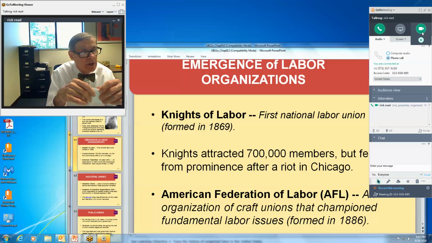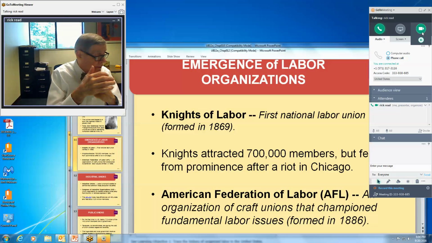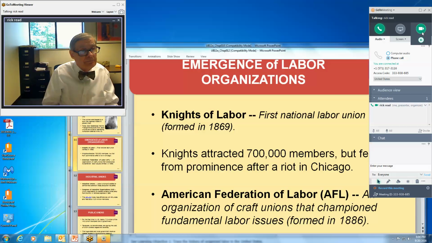Somebody threw a Molotov cocktail. Eight police officers were killed during the explosion and subsequent fire. The union was held to be responsible for that, although no union member was ever actually convicted. But they were felt to be behind this. And so that caused the Knights of Labor to go out of business.